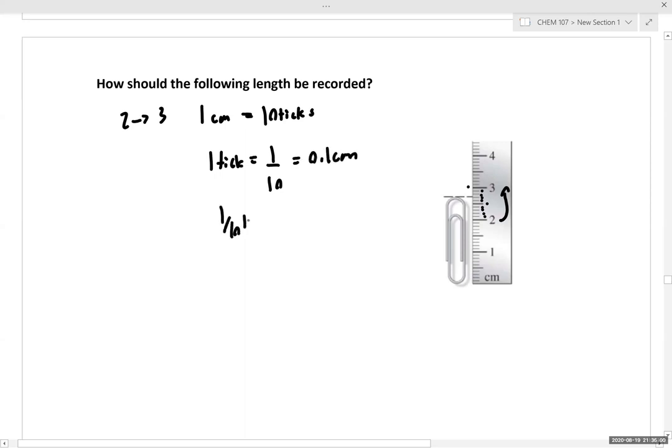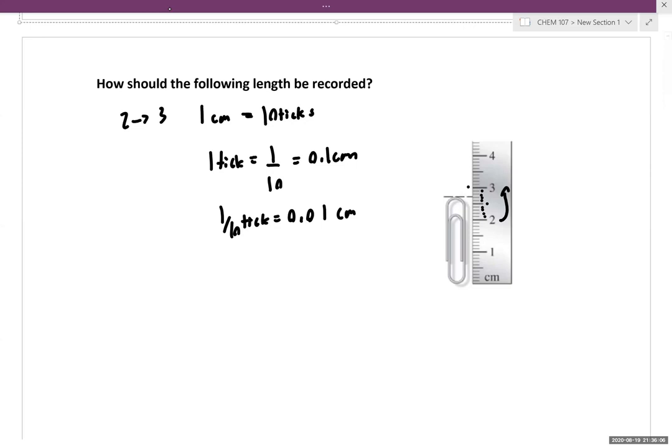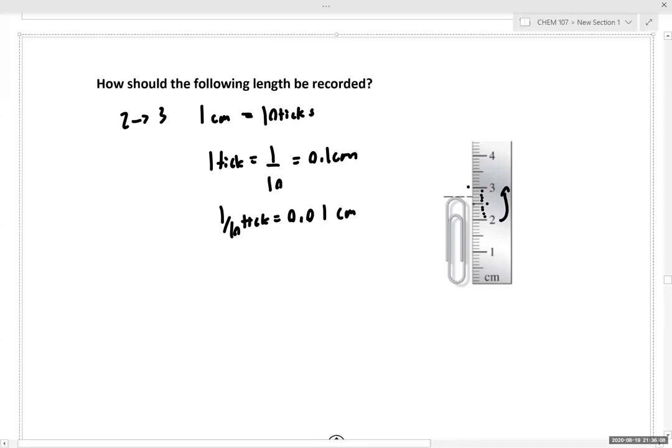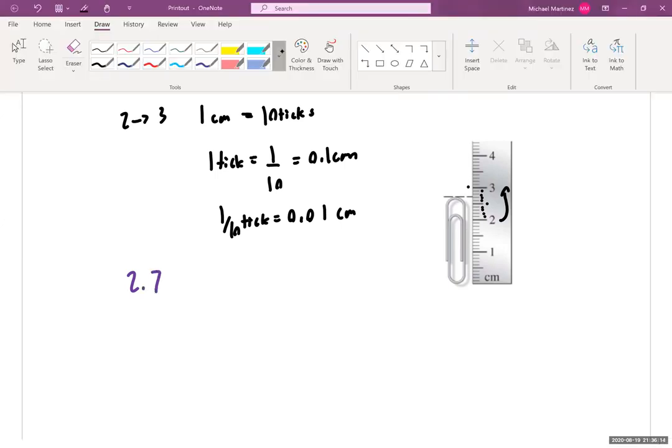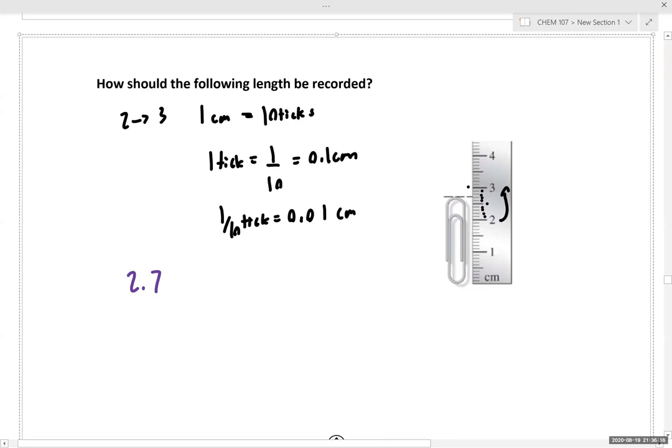And then 1/10 of a tick is equal to 0.01 centimeter. We then report our certain digits, so it's past the mark of 2.7, and then we estimate 1 additional digit. I'll go with 2.71 centimeters.